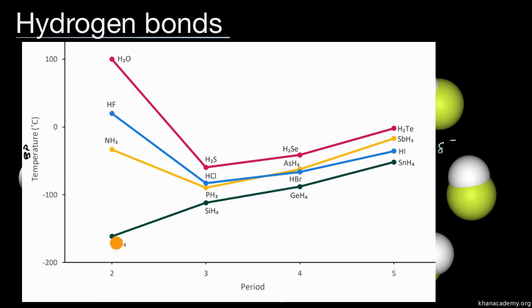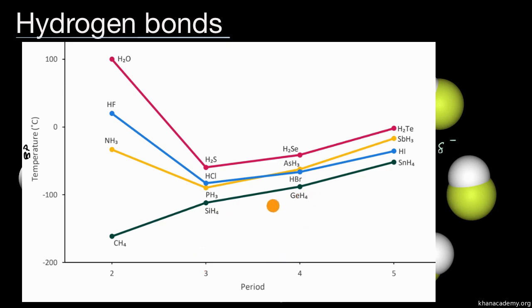And generally speaking, as you go from molecules formed with period 2 elements to period 3 elements to period 4 elements to period 5 elements, you do see that as the molar mass of those molecules increases, there is that general upward trend of the boiling point, and that's due to the London dispersion forces.